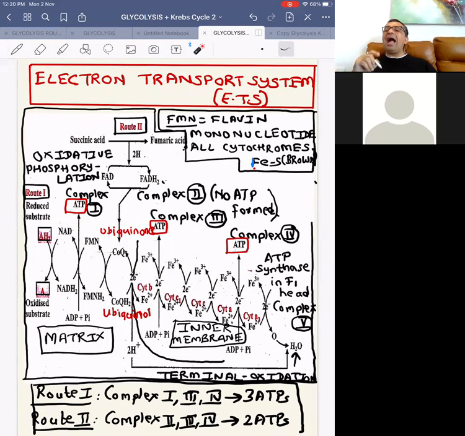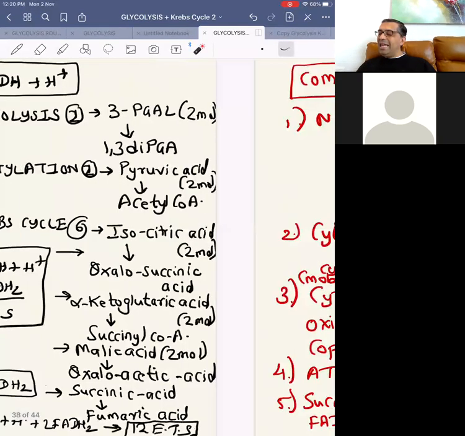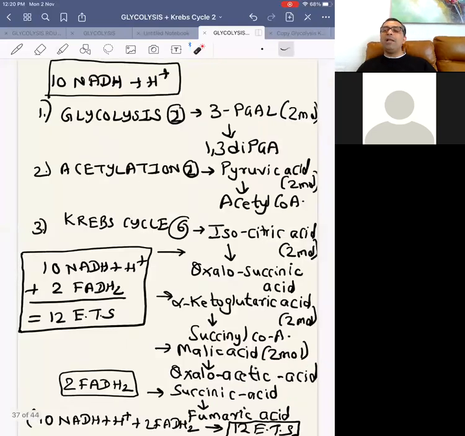How does that exactly take place? So first, let us find out how many NADH plus H plus and FADH2 are formed.